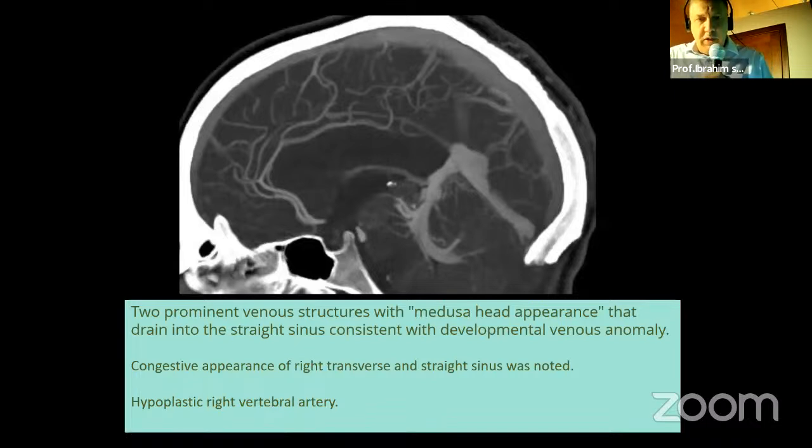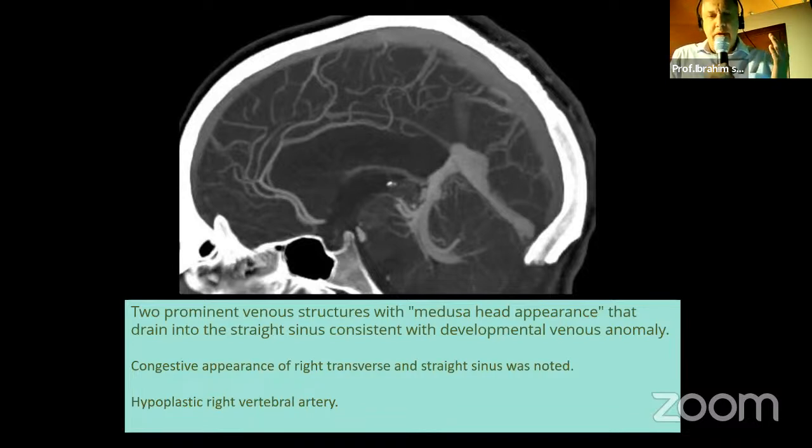You can see the two collector veins draining into the straight sinus eventually here. So this is one of the few cases that we encountered as bleeding with DVA.